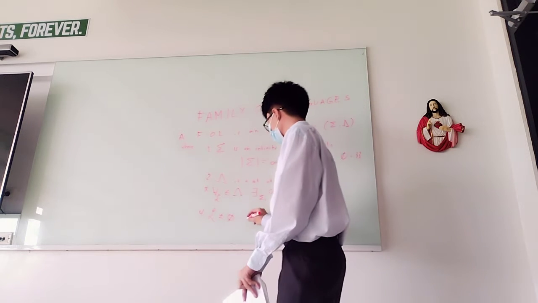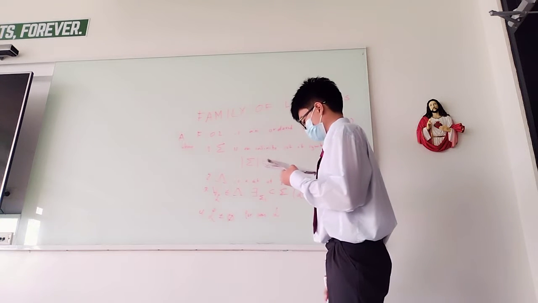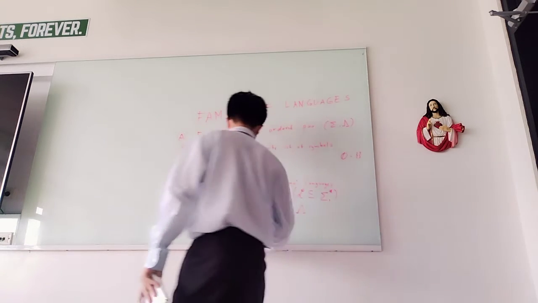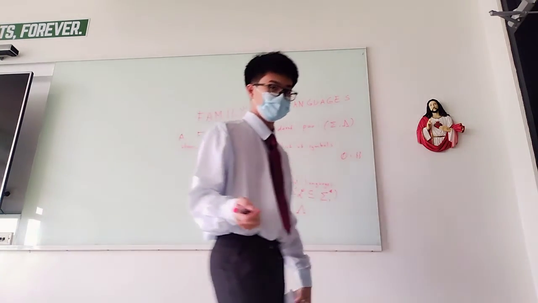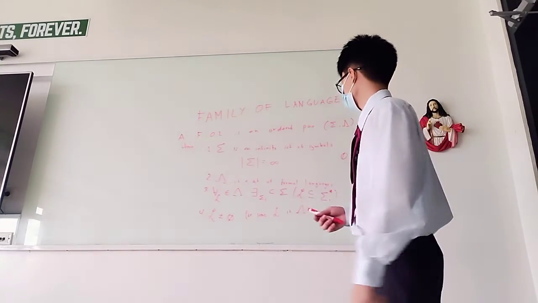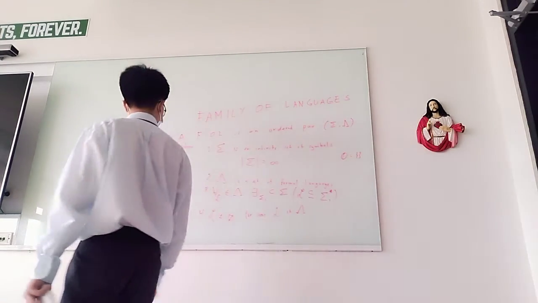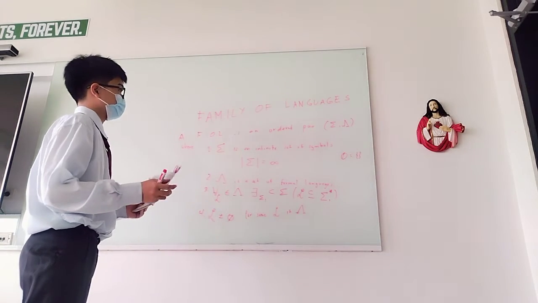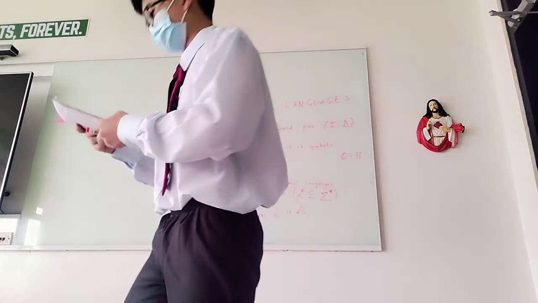So what the fourth condition is saying is that there are going to be some sets in capital alpha that are empty, but not all of them are empty. So those are the important criteria for a certain mathematical structure to be a family of languages.